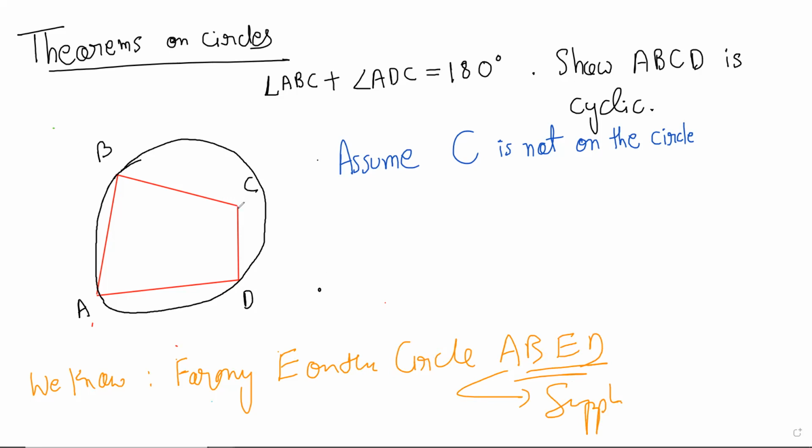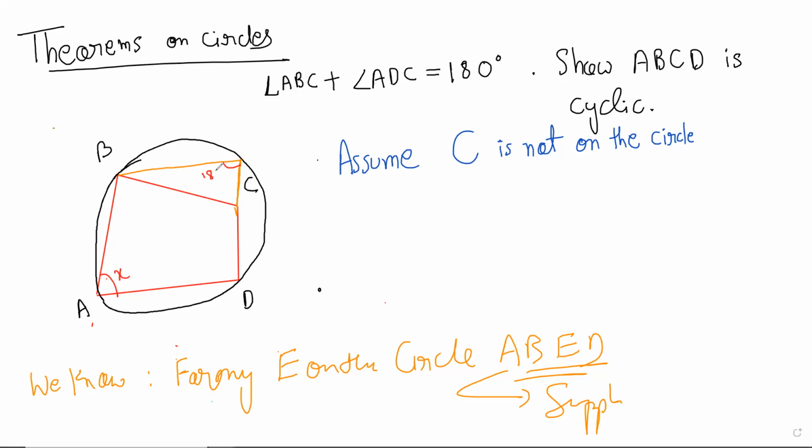So we do the same thing, right? We just extend this because that's the easiest way to use the theorem that you have. You have to extend it so that it's the easiest extension. So you know that this plus this is 180 degrees, so this is 180 minus x.